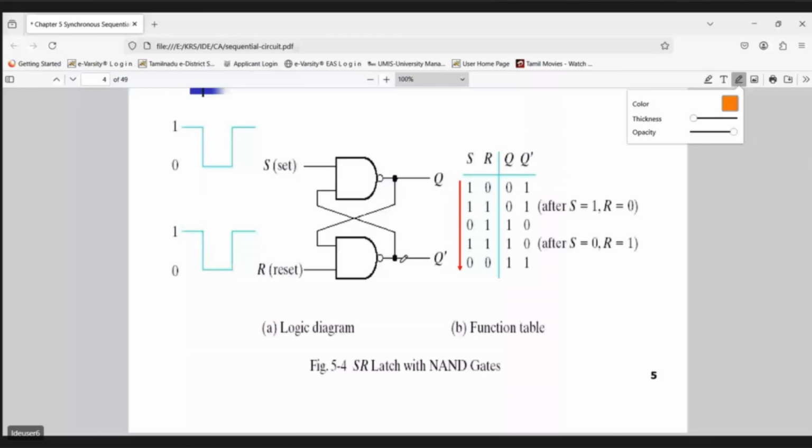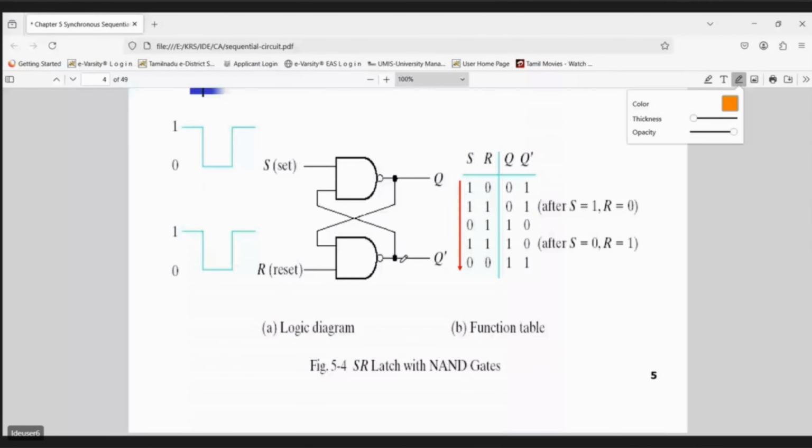It is an RS flip-flop with NAND gates or SR latch with NAND gate. It's a logic diagram plus truth table or function table. So note this down. RS or SR latch with NAND gates.